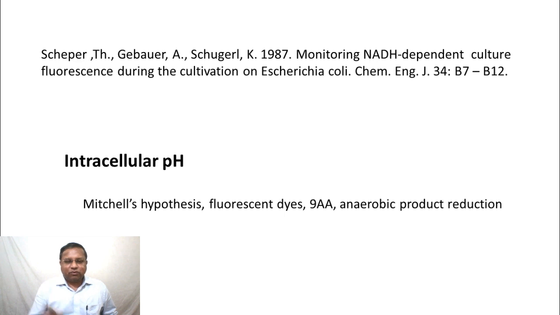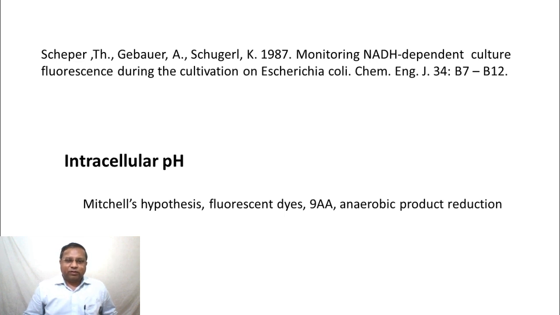These dyes could leak out, so we used a dye called 9-aminoacridine, which is a weak base whose distribution depends on the difference between the extracellular and the intracellular pH. These processes take place across the plasma membrane in lower organisms such as bacteria and so on. So that is what we were using.